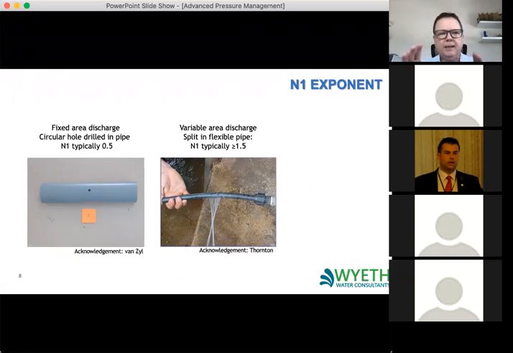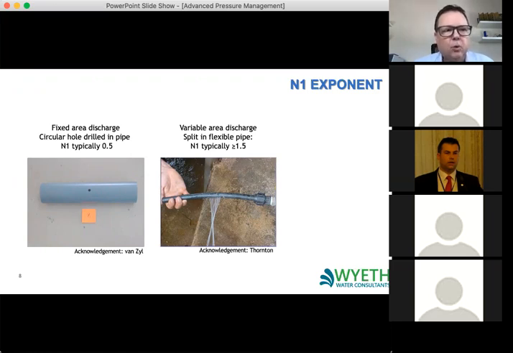Now, what happens is, as the pressure increases in the pipe, the split will widen and the area or the hole that the water is flowing out from will actually get bigger. And as the pressure drops, the crack closes up a bit. So we would call this one the variable area discharge.